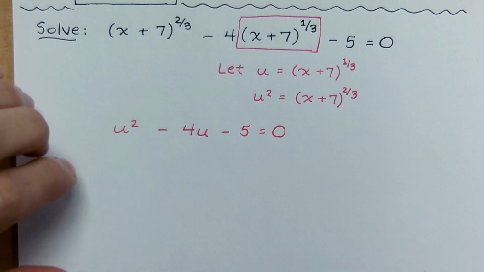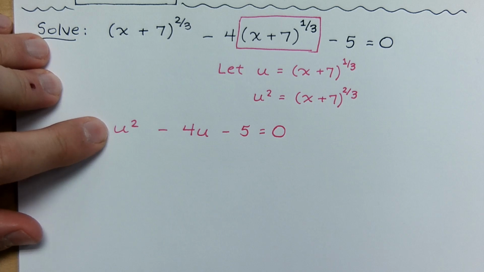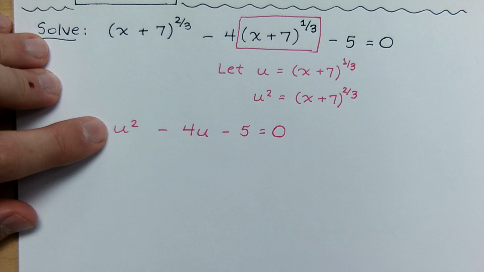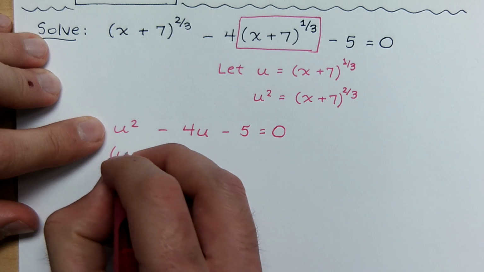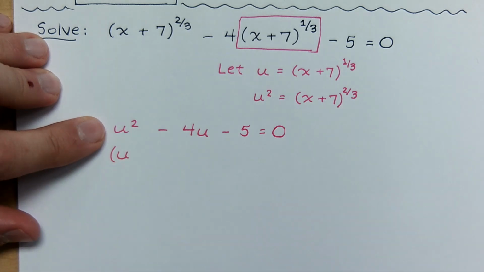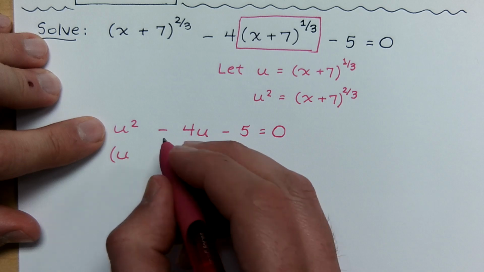So then what would you do? If you saw u squared minus 4u minus 5 equals 0, how would you try to solve that? Right. So how does it factor? Any takers, or do I need to do everything? What are the factors of 5 that subtract to 4?